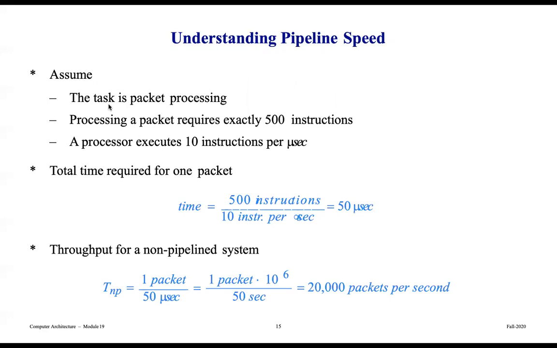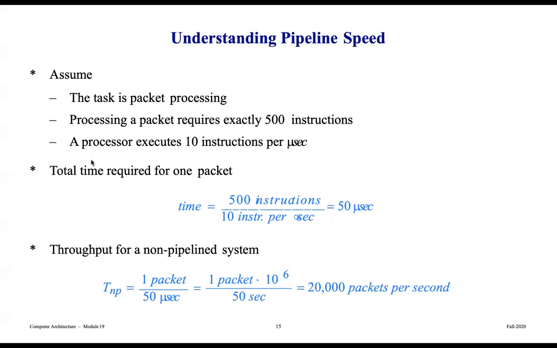So we want to assume that the task is packet processing. Processing a packet requires exactly 500 instructions, and the processor executes 10 instructions per second. So the total time required for one packet would be 50 microseconds.